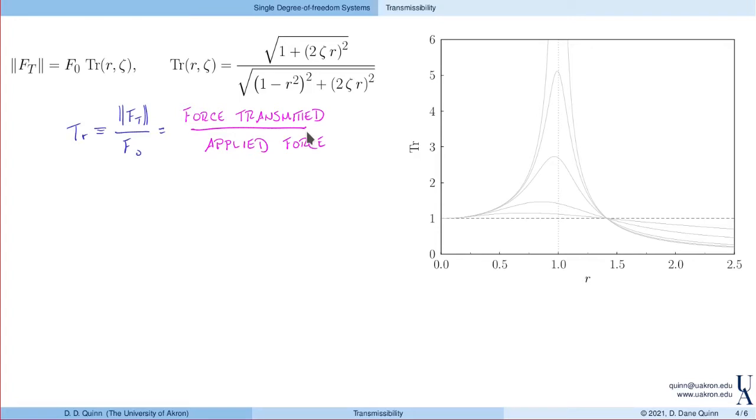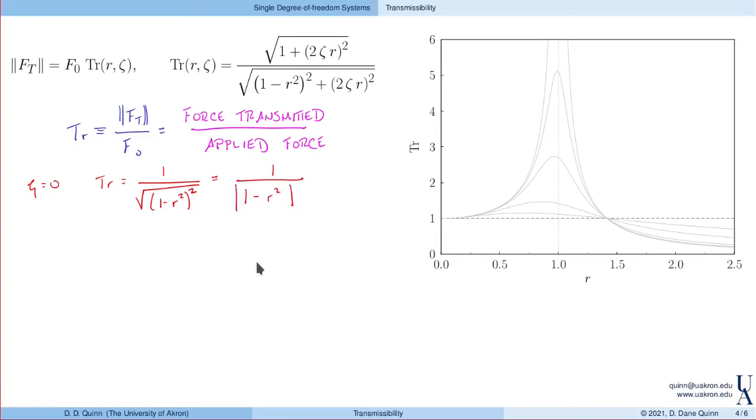So what do we want? Well, we'd like to understand how this changes as the natural frequency and damping ratio vary. So, for example, if zeta is equal to 0, then the transmissibility is, well, 1 divided by square root of 1 minus r squared, or the absolute value of 1 minus r squared.